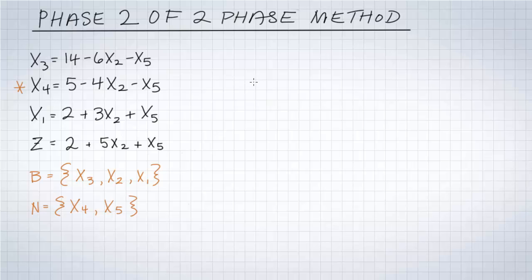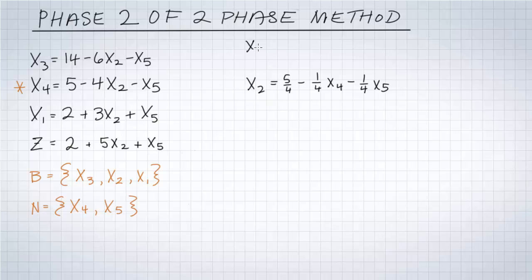So we're going to work on this equation right here. We need to put x2 on the left-hand side. So x2 is equal to 5/4 minus 1/4 x4 minus 1/4 x5, after multiplying by 1/4. And we need to substitute that in the various other equations.